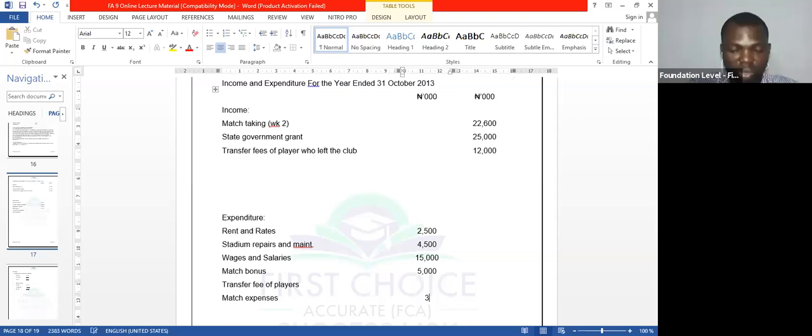Match expenses is 3,500. After that, we have transfer fees on new players bought. It means that when they are buying players, the transfer fees that you incur on buying new players is an expense.